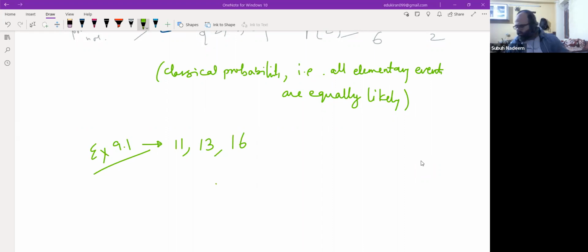So, ideally, if you see the sample space for the 16th one, for example, you get 6 in the first round. So, you will stop here. If you don't get 6 in the first, you can get 1, 2, 3, 4, 5 in the first, and in the second, you get 6.